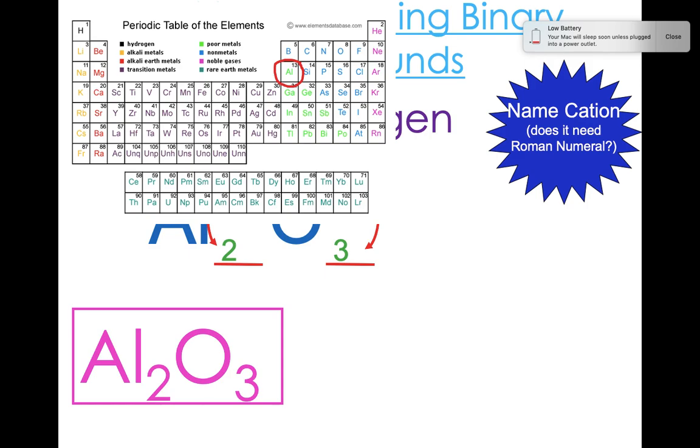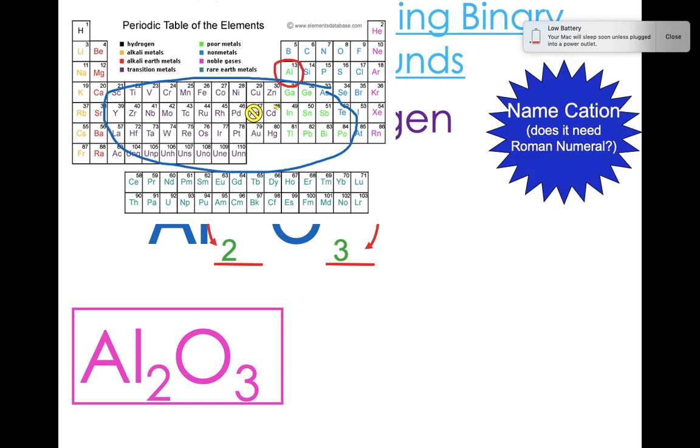Does aluminum need a Roman numeral? The ones that need Roman numerals would be more in this section down here, in the lower P block and the D block. Is aluminum in that section? It is not, which means that aluminum does not need a Roman numeral. So if it does not need a Roman numeral, we can just name that cation.